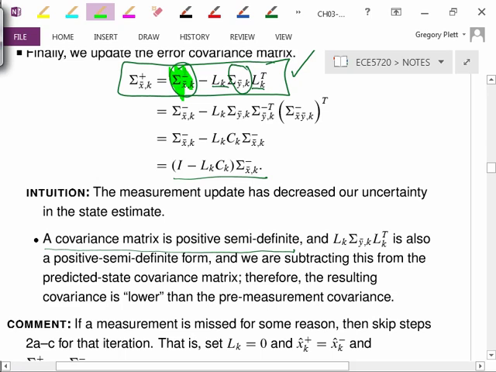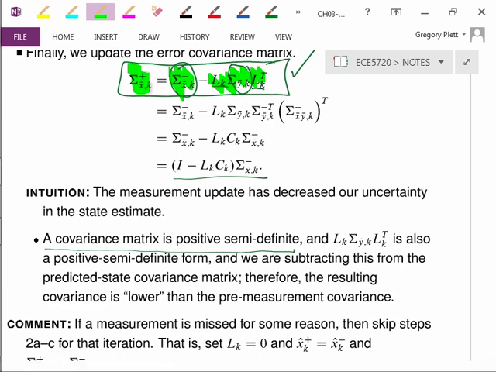So what I end up with is always smaller. And because the covariance matrix is always positive semi-definite, this here is by mathematical necessity always positive semi-definite as well. So I still have uncertainty, possibly. I don't have negative uncertainty, I still have uncertainty, but it's smaller than it was. The estimation error uncertainty is smaller than the prediction error uncertainty, so it's better.